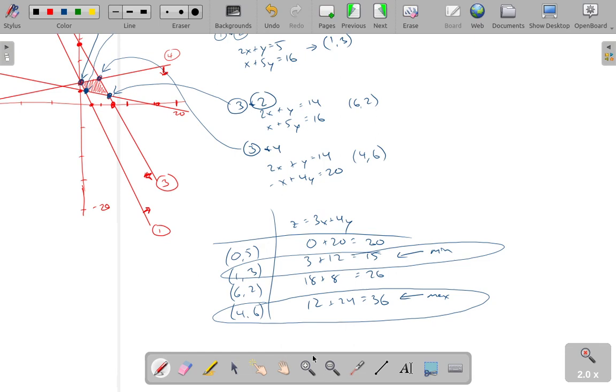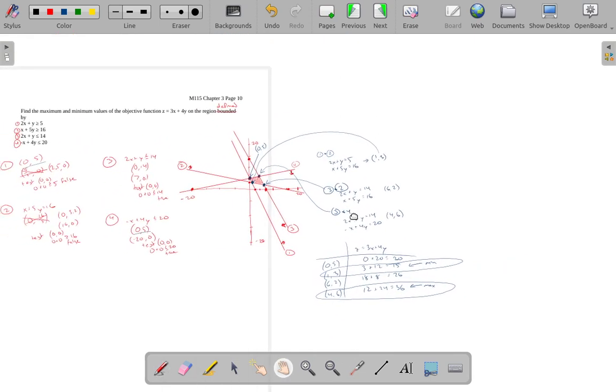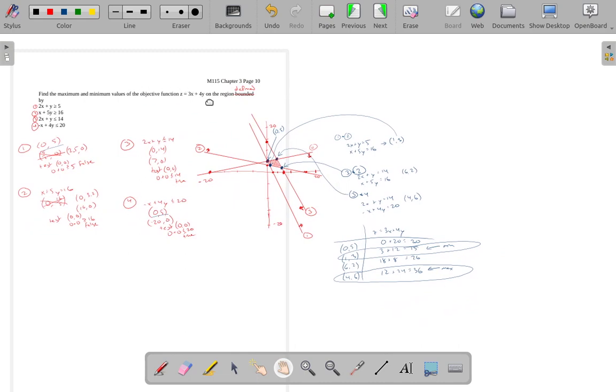So this particular system of inequalities maximizes our objective function at the point 4, 6, and it minimizes the objective function at the point 1, 3. But that entire feasible region satisfies the system of inequalities. It satisfies all 4 of those inequalities individually. These are just the maximum and the minimum values that are possible to achieve within this system.